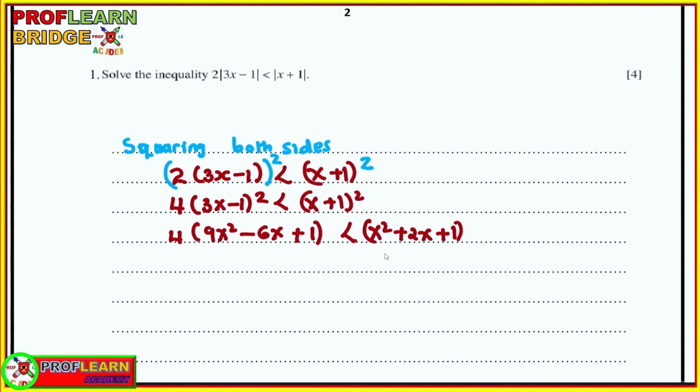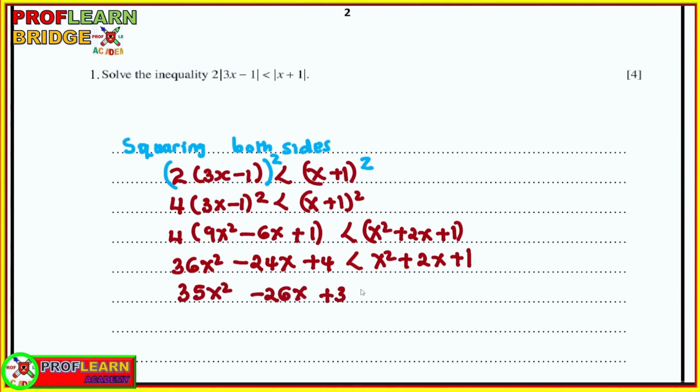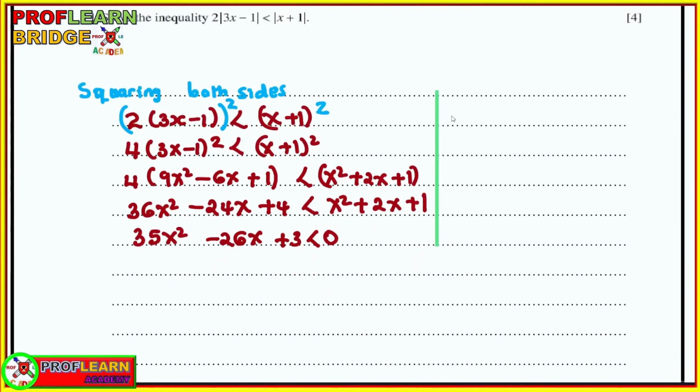So we put the like terms together and also take note of the sign that we have there. The inequality is less than 0. We are going to ignore the inequality sign and treat it as an equal sign so that we can get the critical points for this quadratic curve.